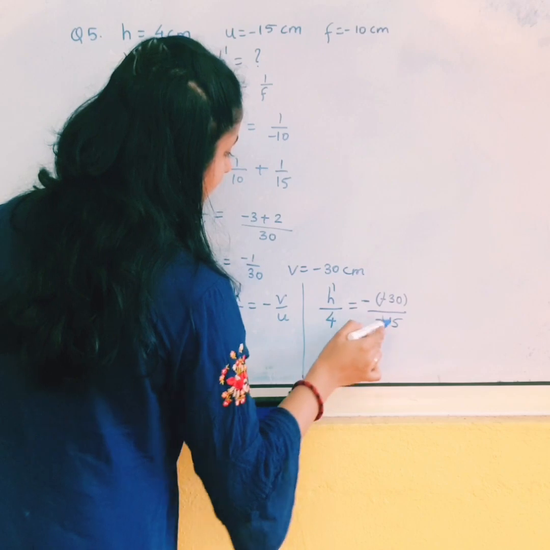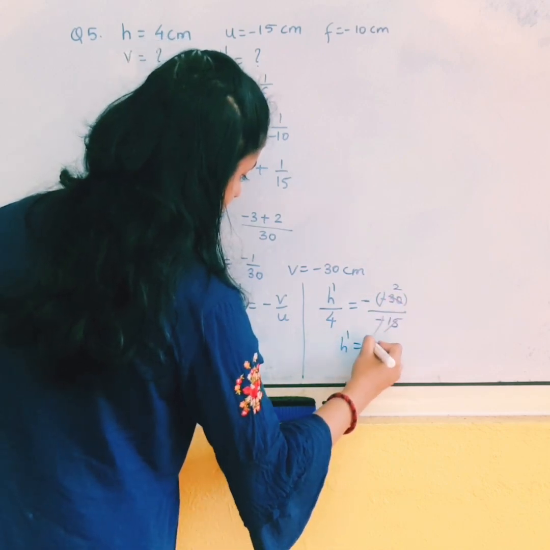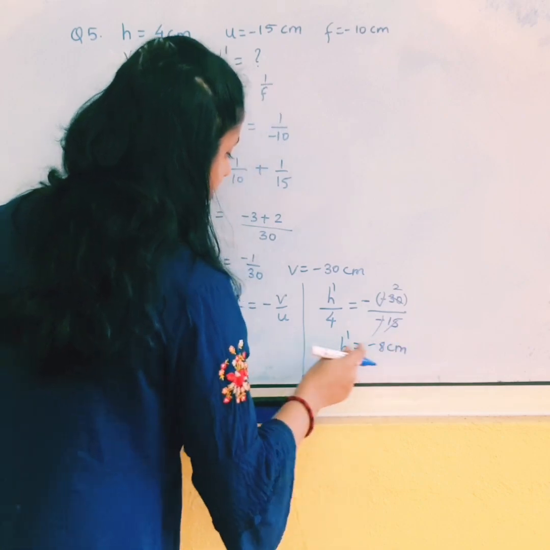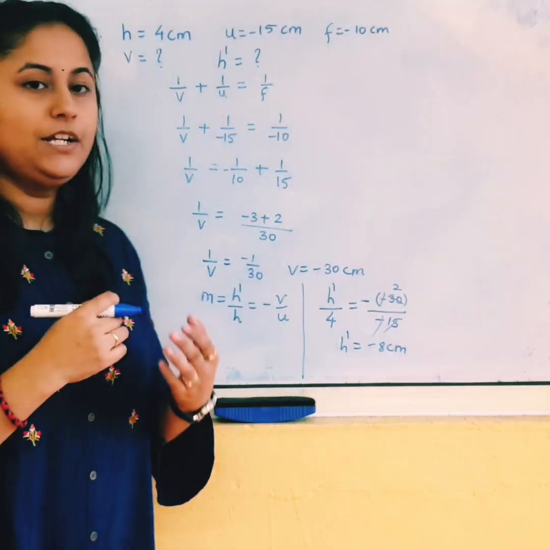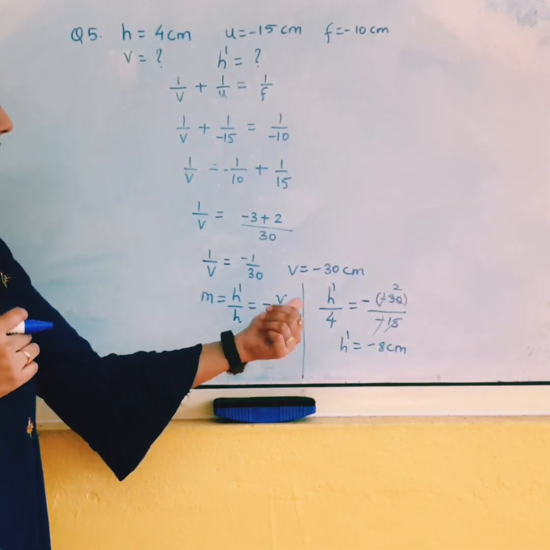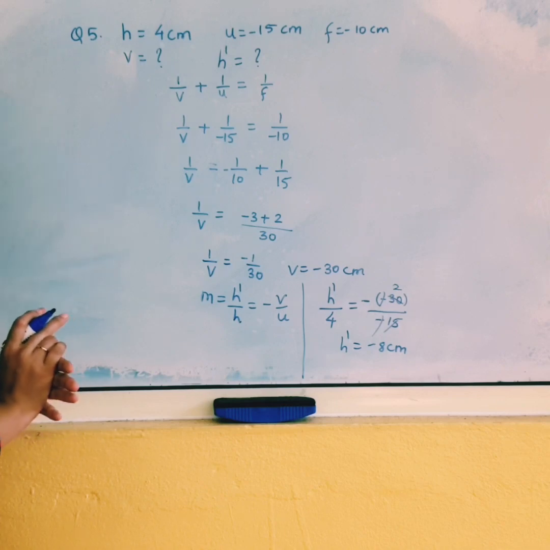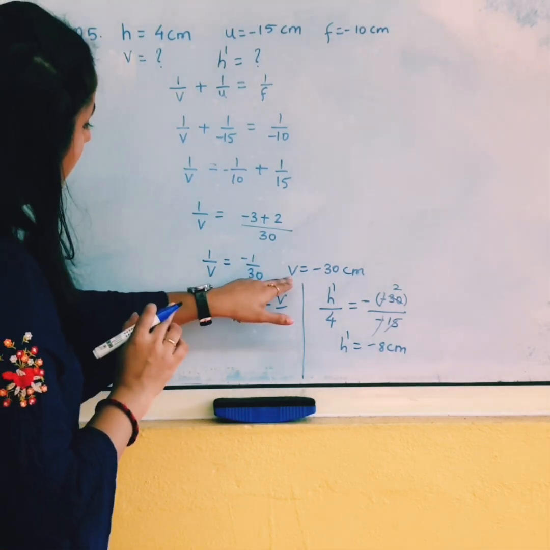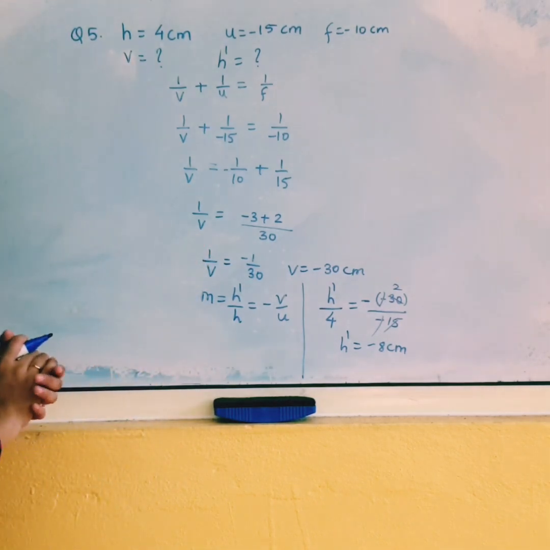So the signs will get cancelled. So h dash is equal to negative 8 centimeter, meaning the height of the image is negative 8 centimeter. So that's your answer. We were asked to calculate v as well as h dash. So this is how to calculate it.